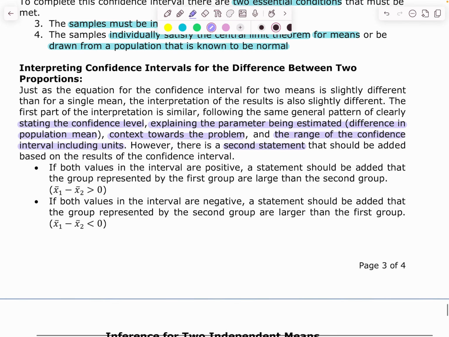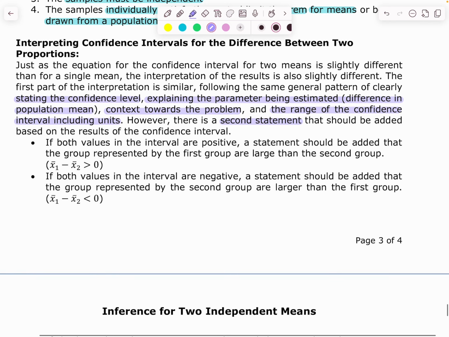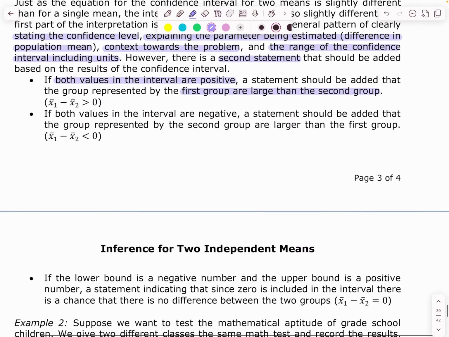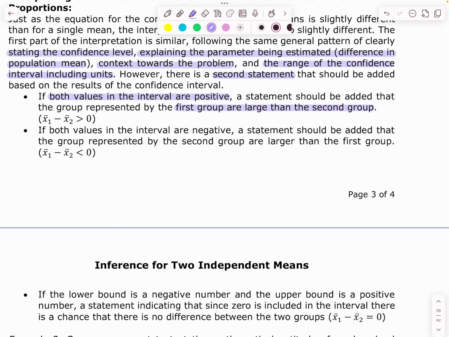Our second statement is based off of the sign on the interval. If both values are positive, then the first group is larger than the second group. If both values are negative, then the second group is larger than the first group.